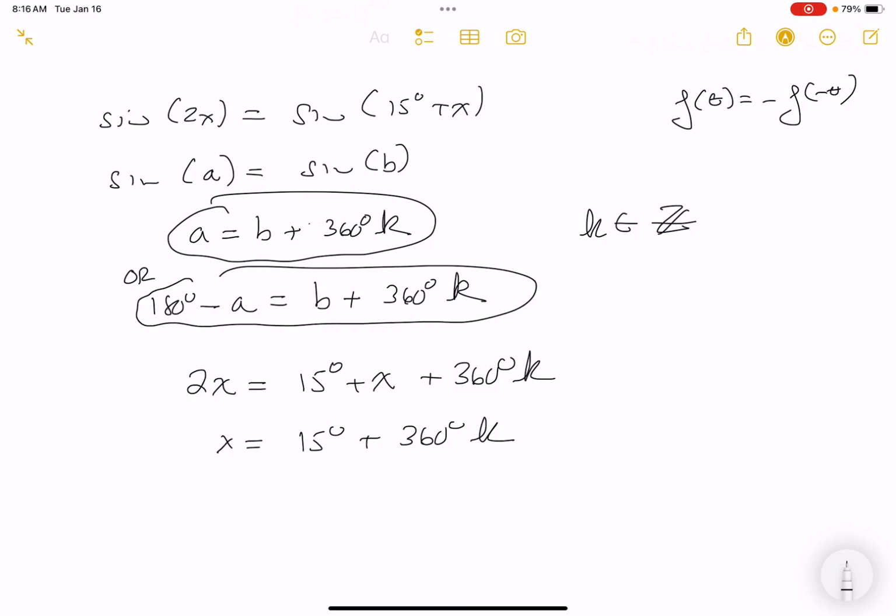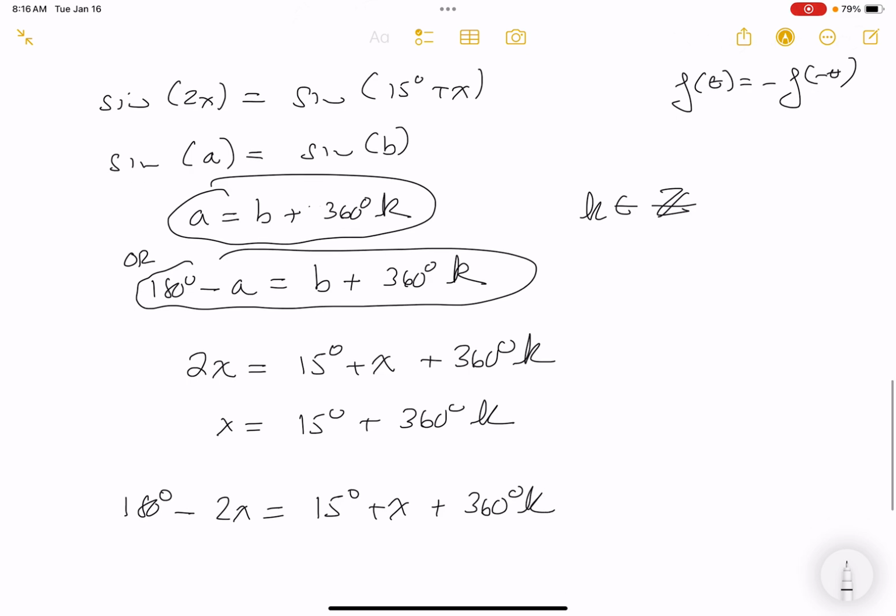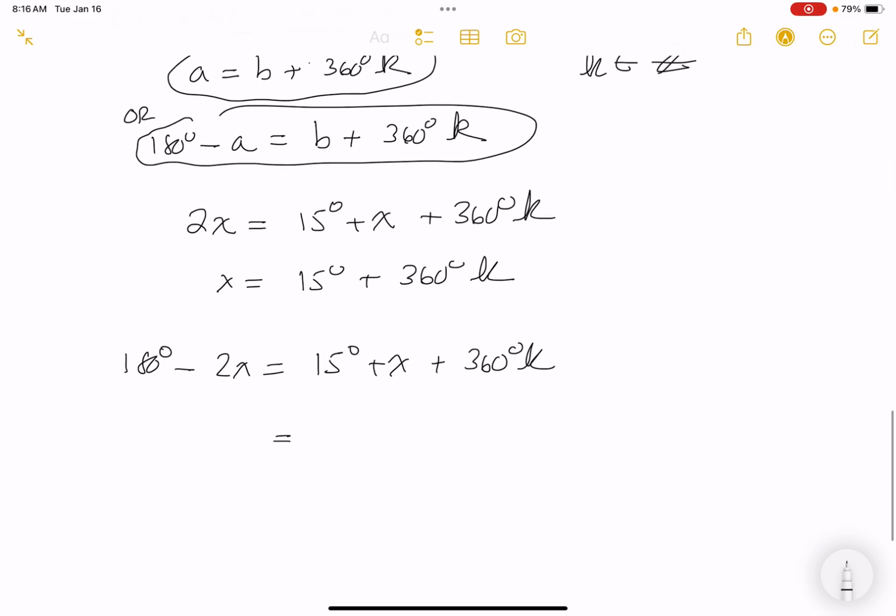Now this one's going to be more of a challenge for me. Let me write this one down for you. So 180 degrees minus A, which is 2x, is going to be equal to B, which is 15 degrees plus x plus 360 degrees K. And what do you get? Let's take a look at that.